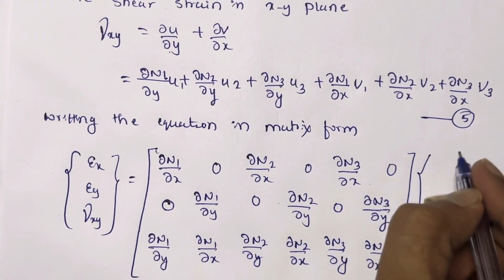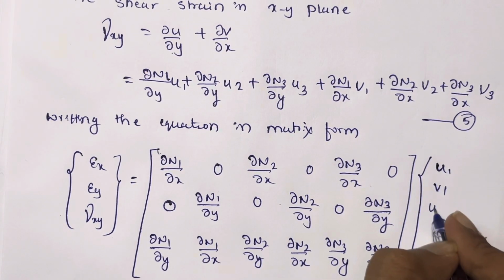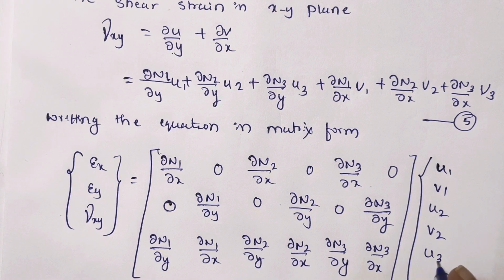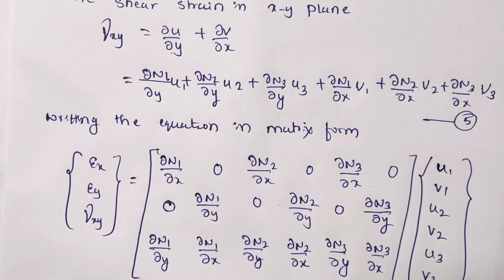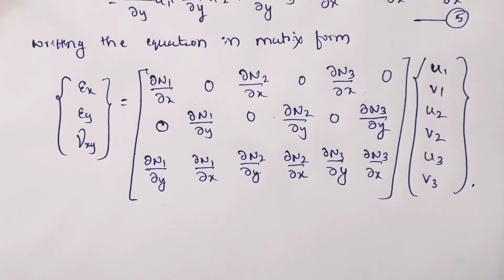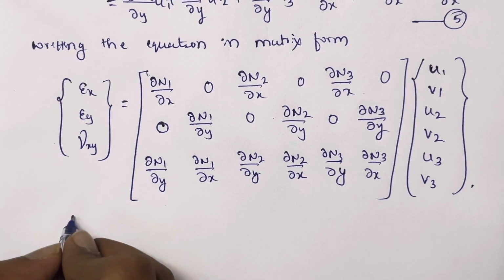Here I will write u1, v1, u2, v2, u3, v3.